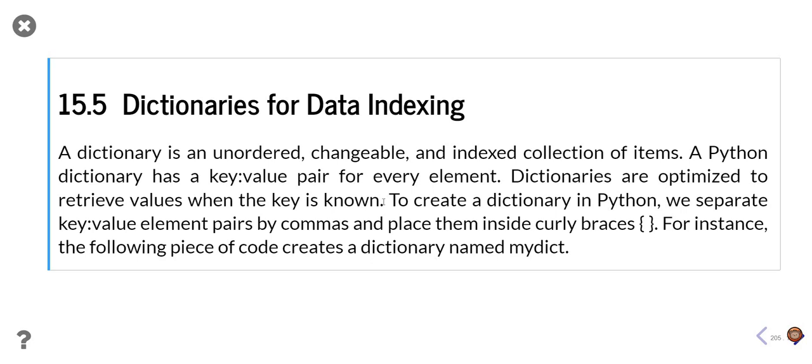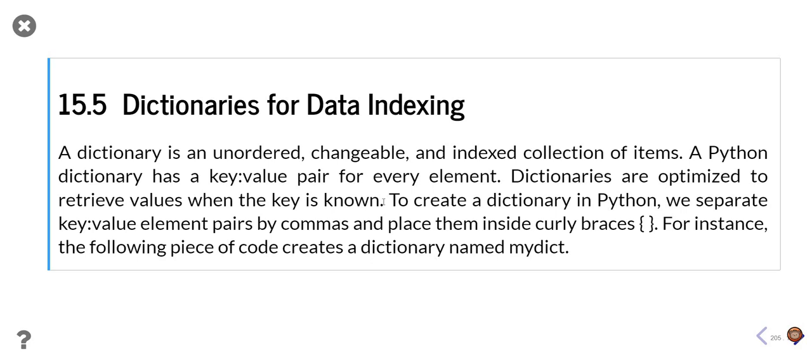Because it is unchangeable, what bracket do you use? Round brackets. If you still want to change the tuple, what can you do? Yes, you can change it to a list and change it back. So a tuple is unchangeable.